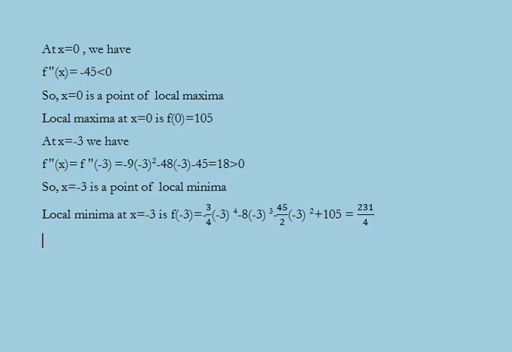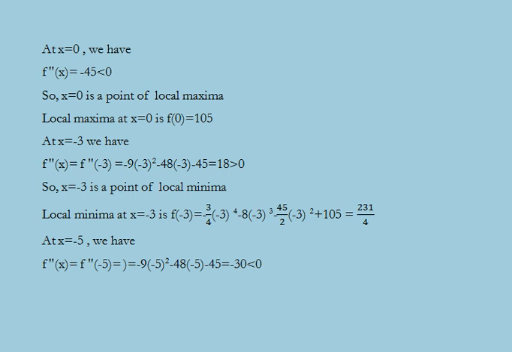Next we are going to find these values at point x = -5. The value of f''(-5) is equal to -9 into (-5) square - 48 into (-5) - 45, which is equal to -30, which is less than 0.